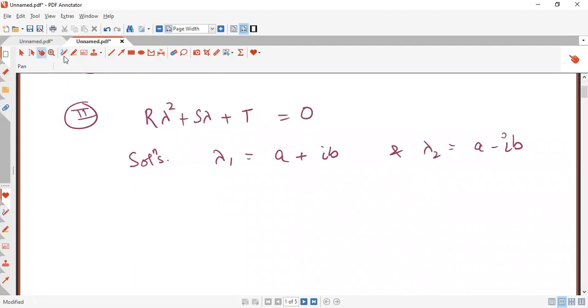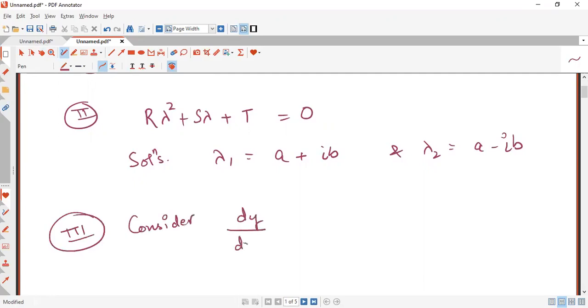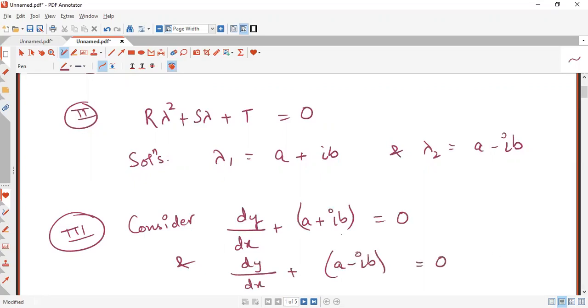So next will be the third part. You will find the differential equation dy by dx plus lambda 1. That means it will become dy by dx plus a plus iota b, and dy by dx plus a minus iota b.